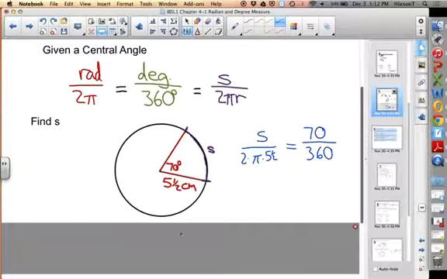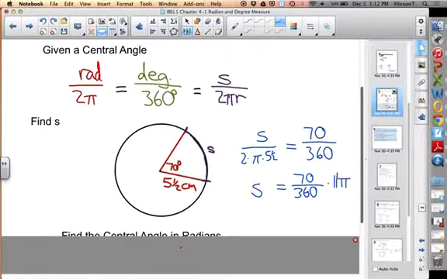Now, you guys know how to solve a proportion. This is 11 pi, so I would just multiply both sides of the equation by 11 pi, so I'd have 70 over 360 times 11 pi, and we would simplify. Don't you do the cross multiplication?